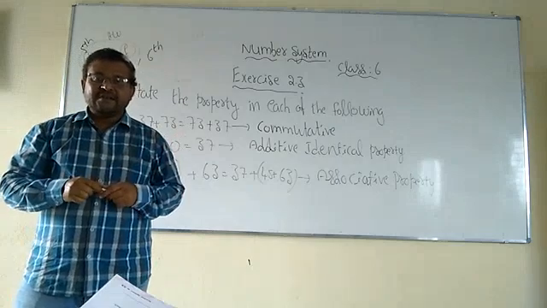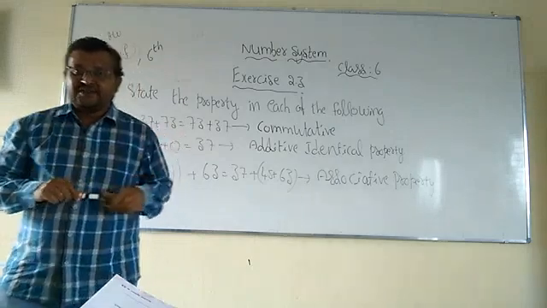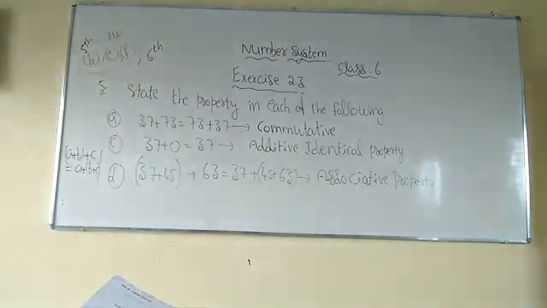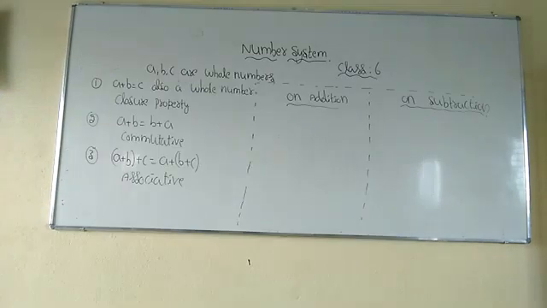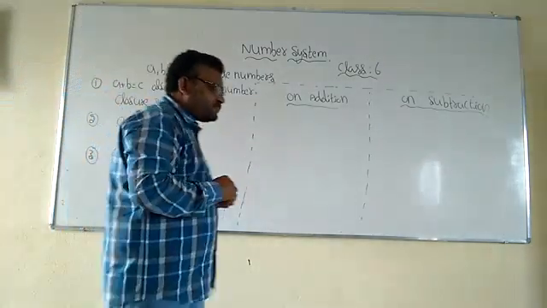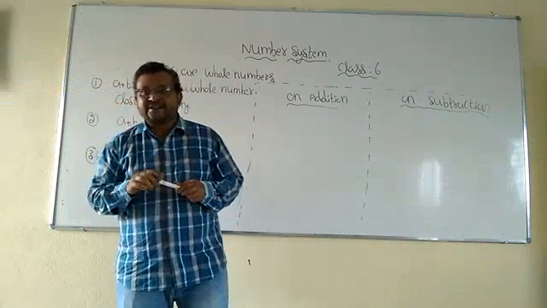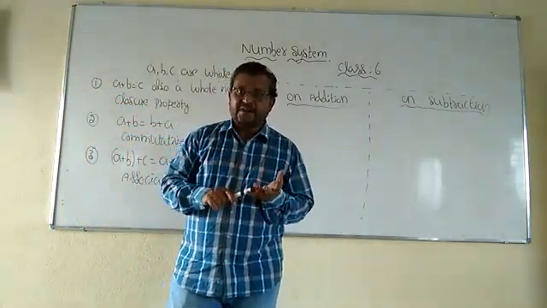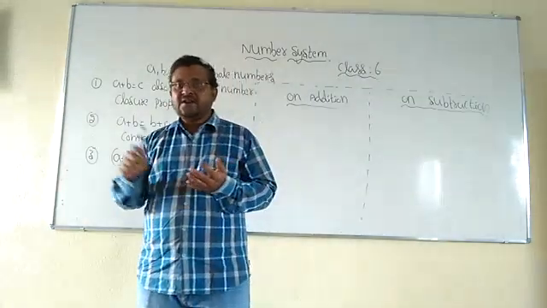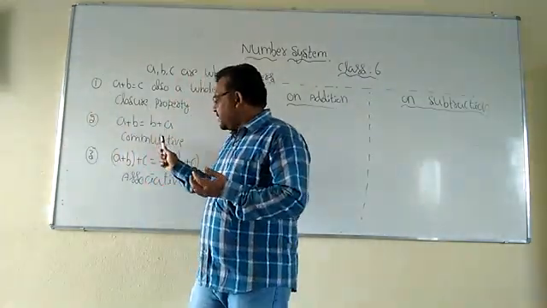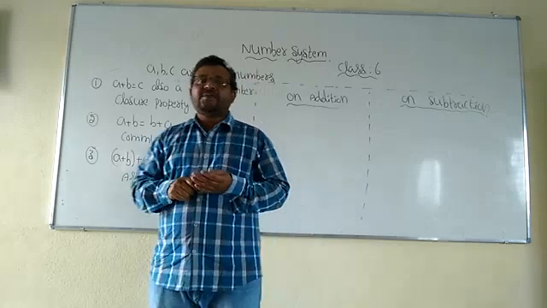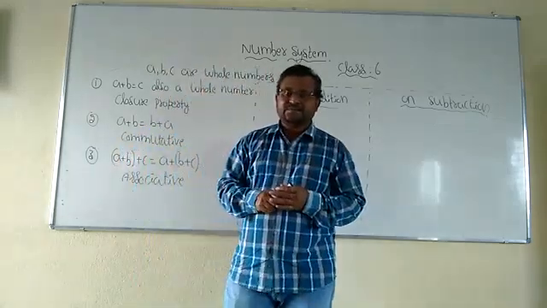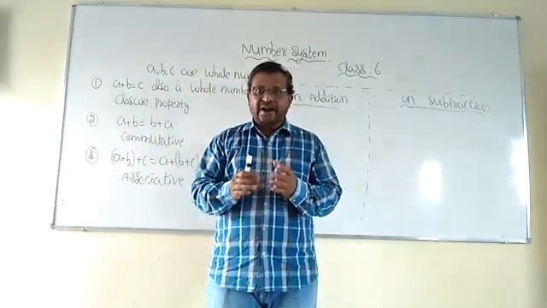And the next, properties of subtraction. So observe, next, properties of subtraction. We know properties of addition. Under properties of addition, the closure property, commutative property, and associative property are true under addition.